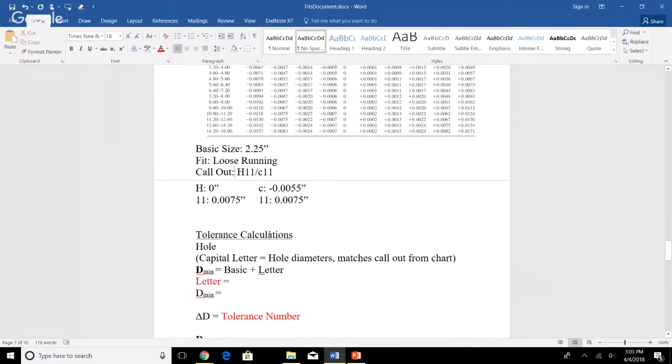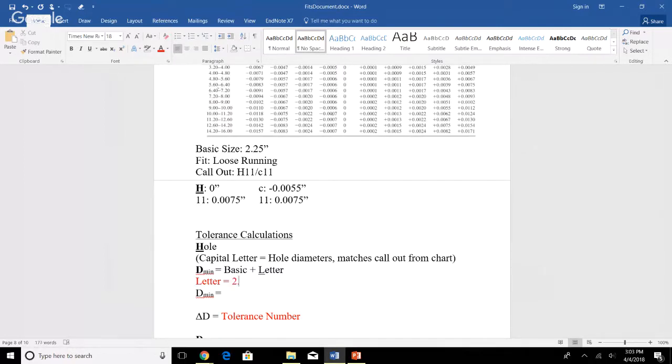Now we're ready to start doing some actual tolerance calculations. So we'll start off with the hole, and I'll make that bold and underlined, showing that if we're giving this a capital letter, that corresponds to our capital letter from our callout. Okay, so then our D minimum, this is going to be our minimum diameter that is allowable in the hole. So this would be our basic plus letter.